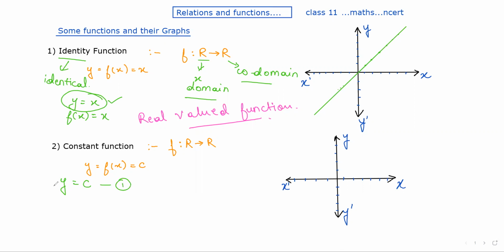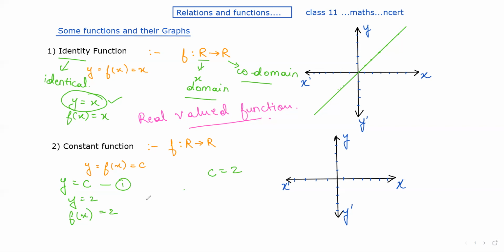For one particular value of C, you'll get one particular graph. So for C equals, say, 2, your y value is stuck at 2. That means y equals C or y equals 2. y can be written as f of x equals 2.